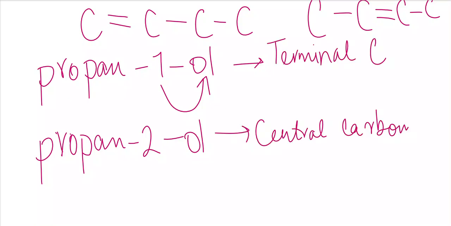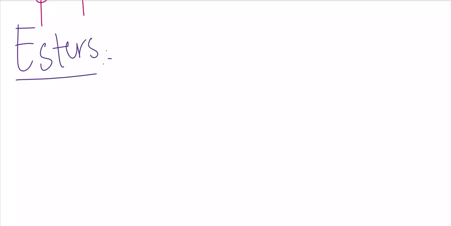Now next we will talk about the esters of carboxylic acids and also their isomerism. Esters are also considered as organic compounds. This is a family of organic compounds that are formed by esterification, and they are characterized by a strong and pleasant taste and also pleasant smell.